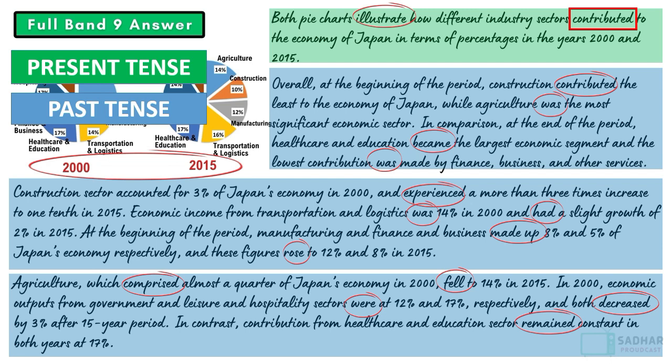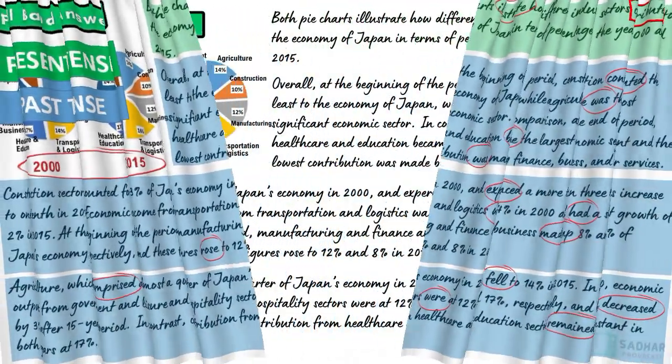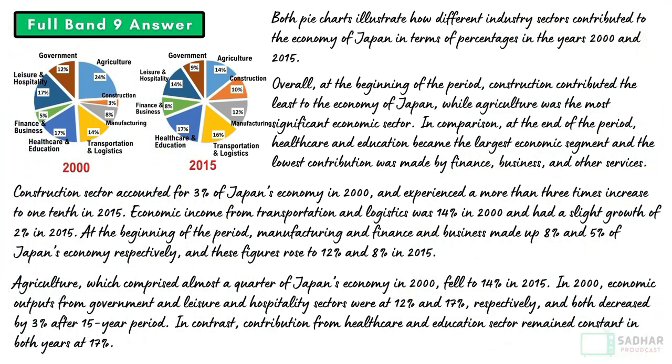So that's why we need to write that in past tense. Okay, friends, this is what the complete answer might look like. Very good. And total words is 204 words. We know that the minimum is 150 words.